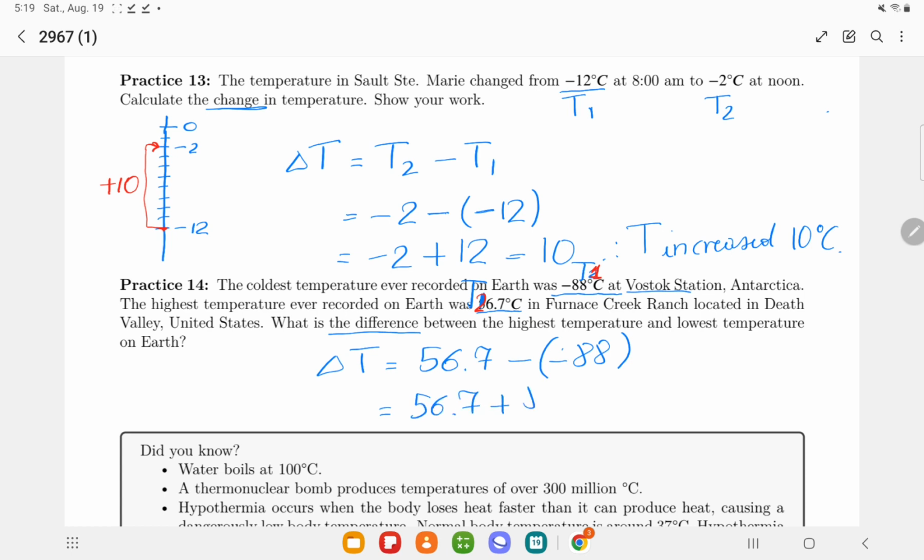That's plus 88. And the difference is 144.7 degrees Celsius. So the difference between the highest and the lowest temperature is 144.7.